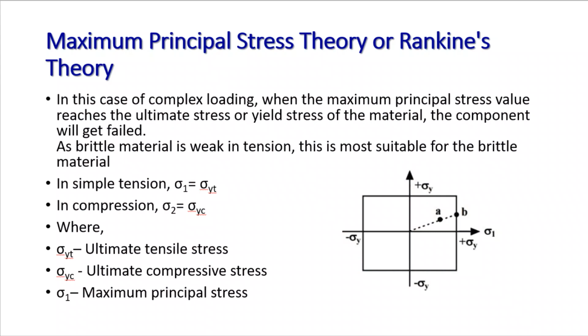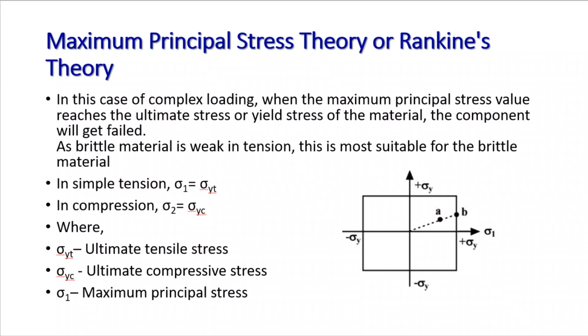We will consider the maximum principal stress of the specimen chosen, and we will compare it with the yield stress that we obtained from uniaxial tension test. As brittle material is weak in tension, this is mostly suitable for brittle materials. So the most suitable theory for brittle materials is maximum principal stress theory or Rankine theory.